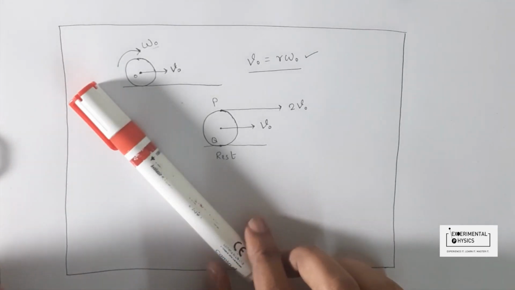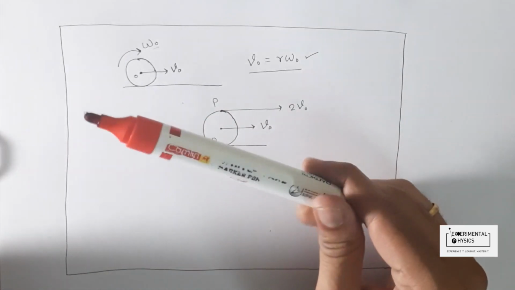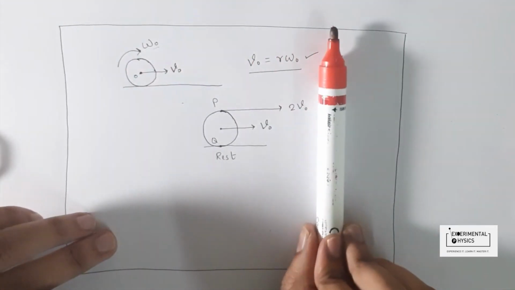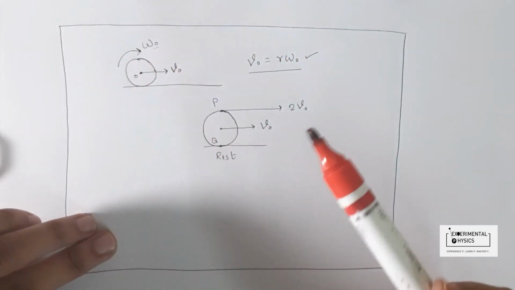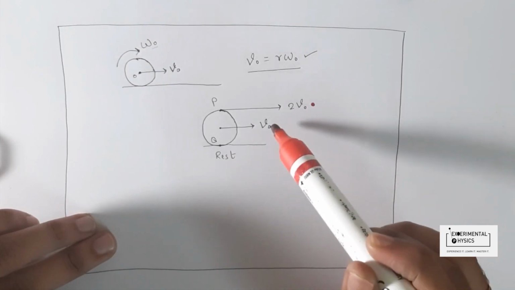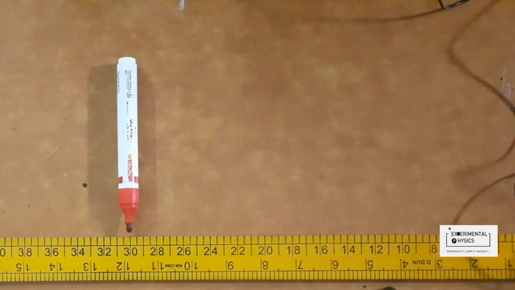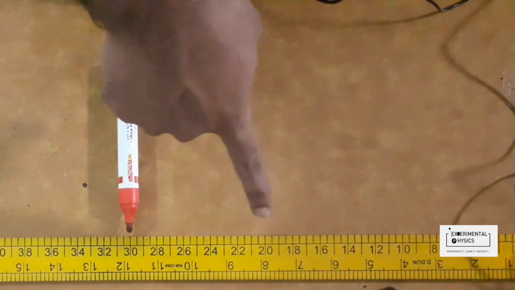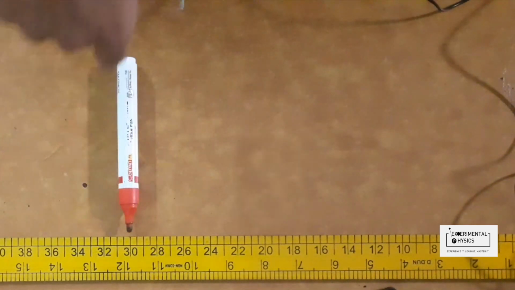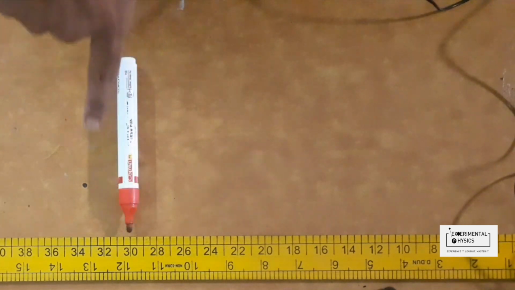For this purpose, I'm going to use our simple marker pen, which I'm going to roll on this object, and we are going to demonstrate that indeed this velocity is twice compared to the center of mass. So our setup is ready. As you can see, I have set up a scale here. It's in centimeters, and we also have a marker pointing at the 30 centimeter point.